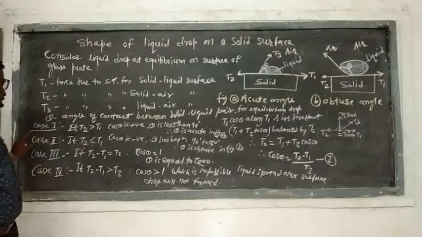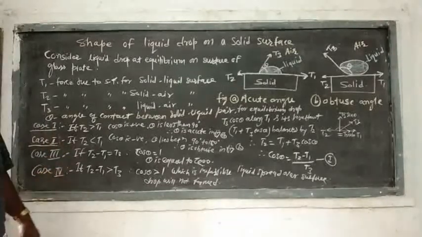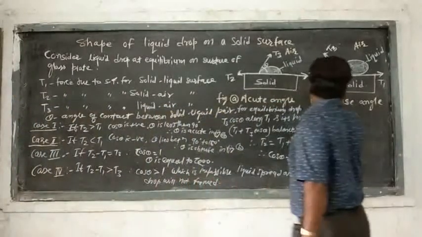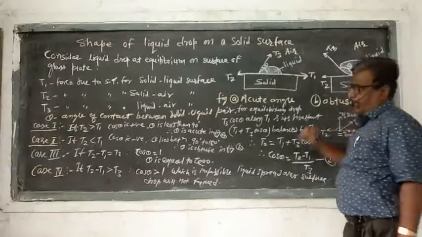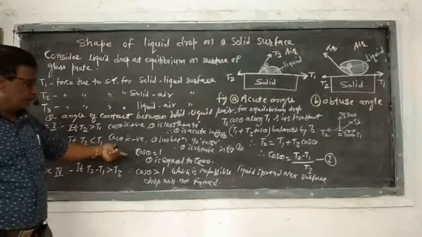Now we see case number 2. For case number 2, if T2 is less than T1, then what happens? Cos theta will be negative.